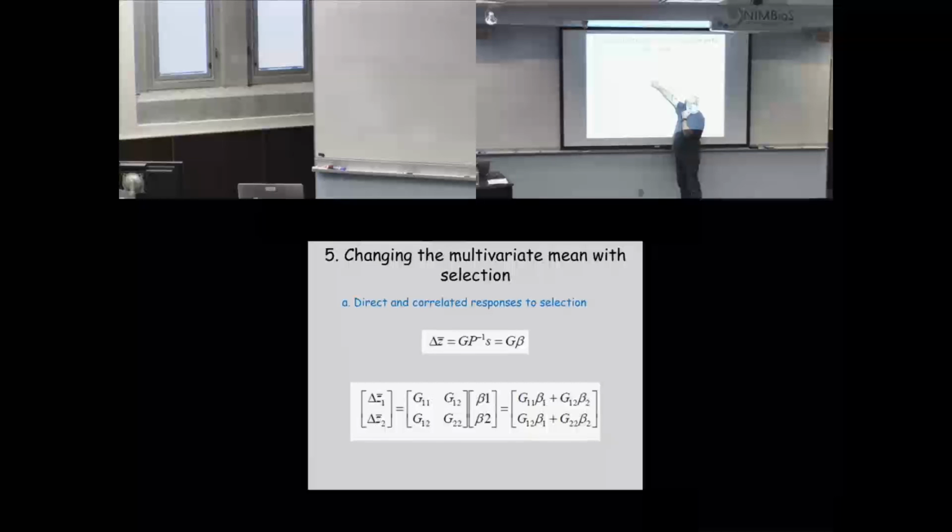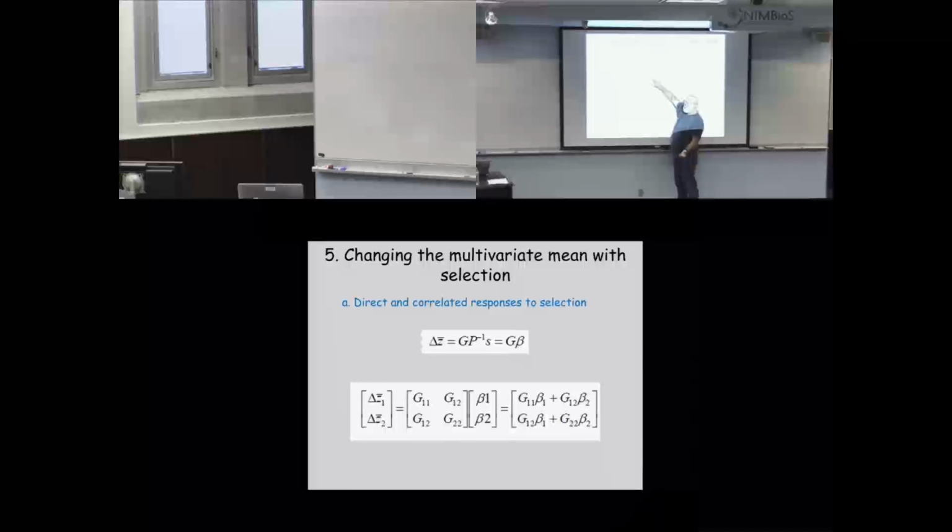So in the univariate case, we could write this as h squared S. Now, in the multivariate case, this product is no longer a simple number. It's no longer a scalar. It's a matrix of things. And it turns out to be a matrix of partial genetic regressions.